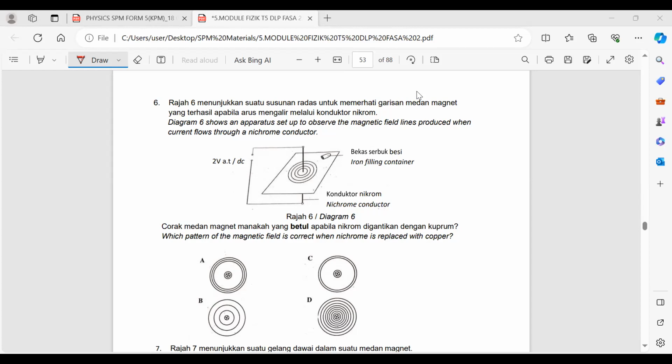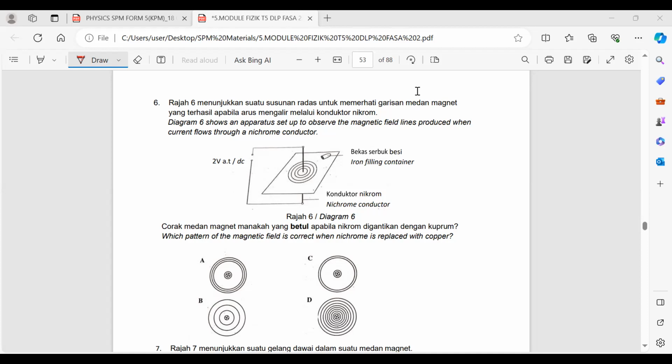Nickel has more resistance, so the current will be lesser, so the magnetic field strength will be weaker. It's not that significant, but you can see for nickel you have 1, 2, 3, 4 lines. For copper, I'm expecting more number of lines.